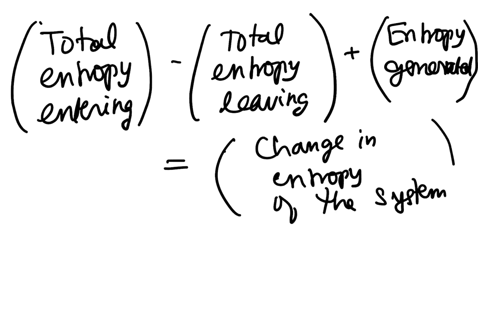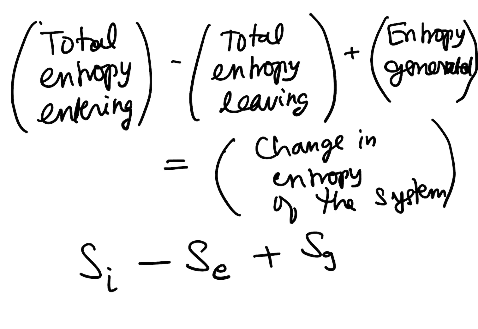That is S inlet minus S exit or outlet plus entropy generated is equal to delta S for the system. This is for a closed system.